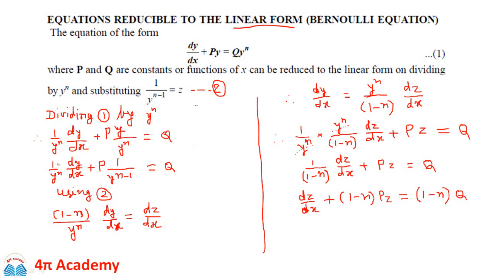So this will be 1 upon y raised to power n dy by dx plus P, and if I take this y in the denominator, it will become 1 upon y raised to power n minus 1, is equal to Q.